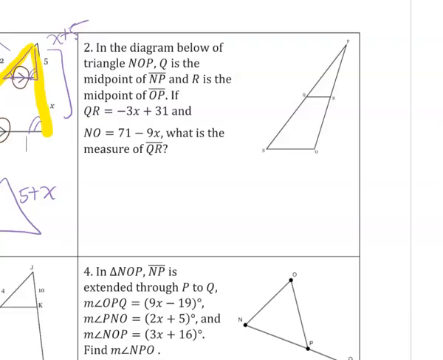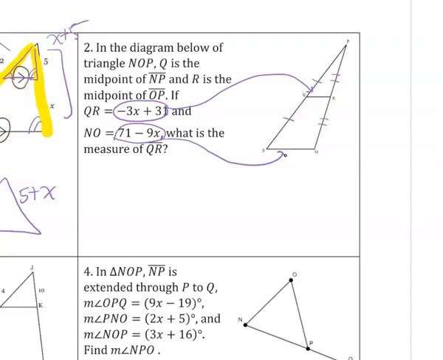I've got midpoints of NP and OP listed, so that means these are congruent, which makes QP a mid-segment. Okay, they're telling me that QR is negative 3x plus 31, and NO is 71 minus 9x.